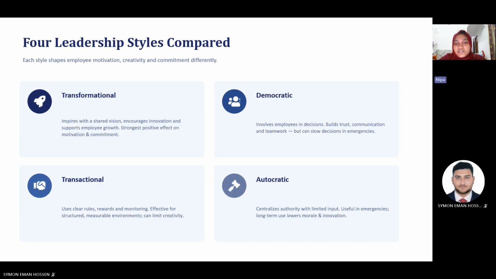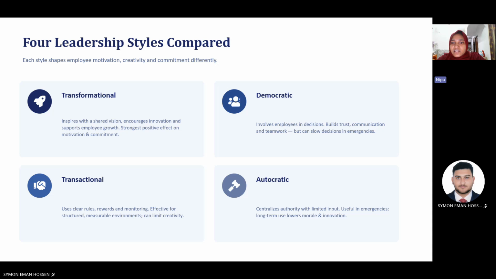Next, slide number four, leadership styles compared. This slide gives a quick overview of the four leadership styles before I show the findings. Transformational leaders inspire employees with a shared vision, encourage innovation and support their growth.